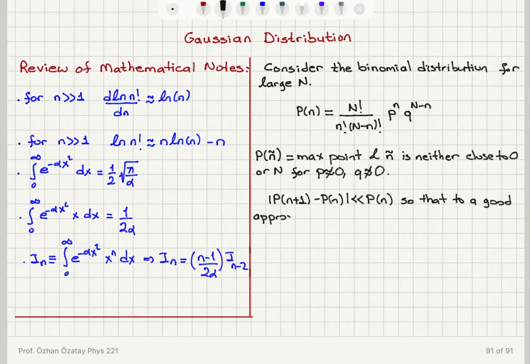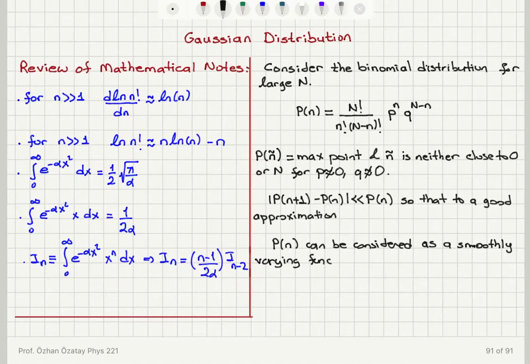So we can say that the binomial distribution P of n can be considered as a smoothly varying function. And if the binomial distribution is a smoothly varying function, the natural logarithm of the binomial distribution is also a smoothly varying function.